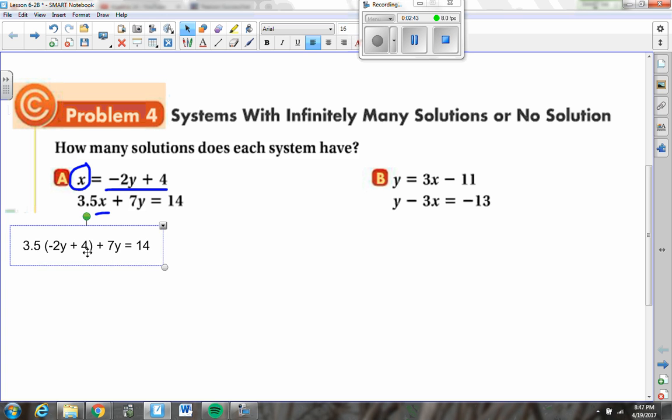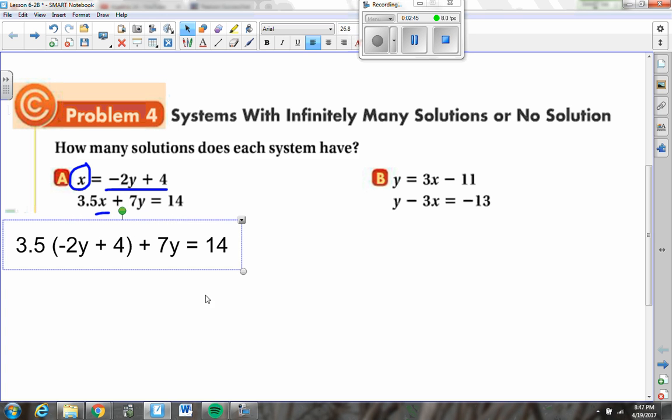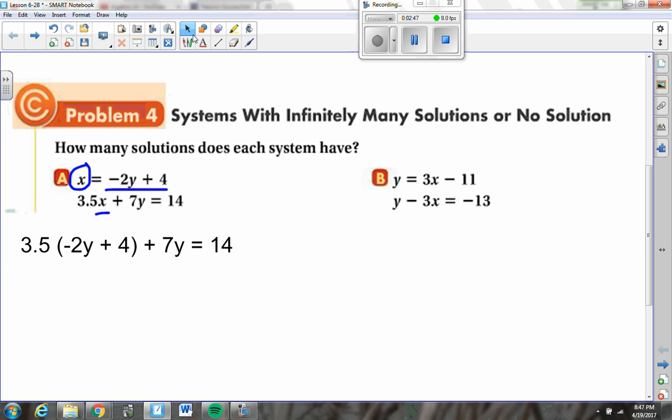Now I want you to notice that this is a rather complicated looking equation, but the good news is it only has one variable, so I can most definitely solve for y.